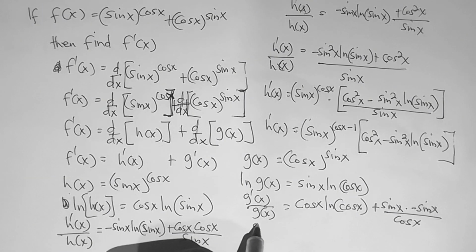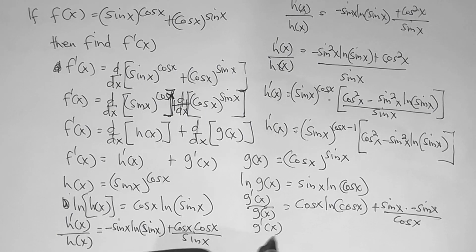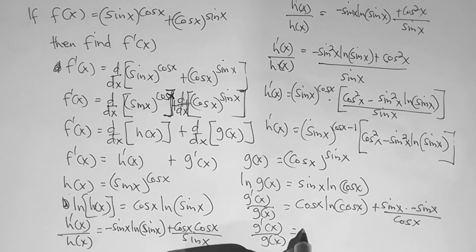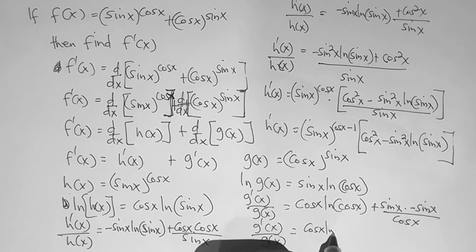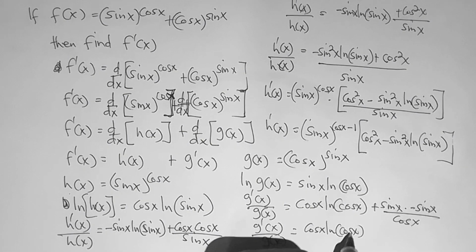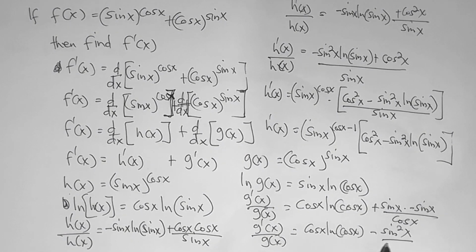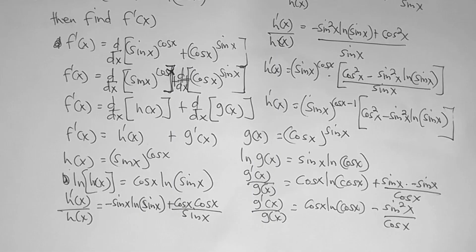So g prime of x over g of x is equal to cos x ln cos x, then minus sine squared x divided by cos x.